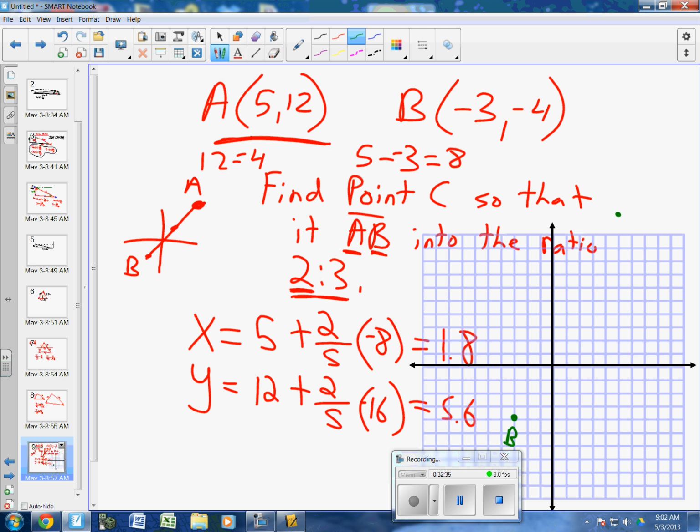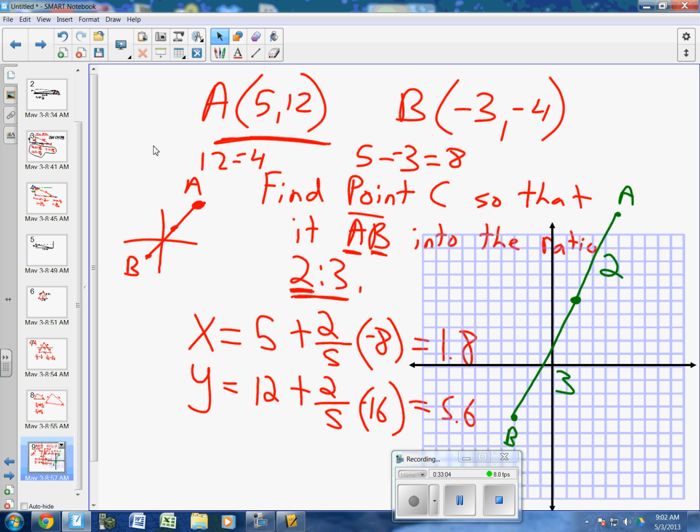That's B. That's A. If I do that line there, what was it we came up with? (1.8, 5.6). Does that look like 2 and 3 right there? Pretty close to it? I think that looks pretty close. Okay. All right.